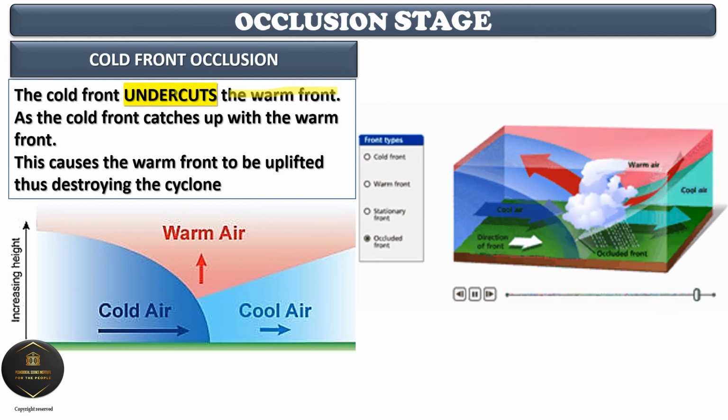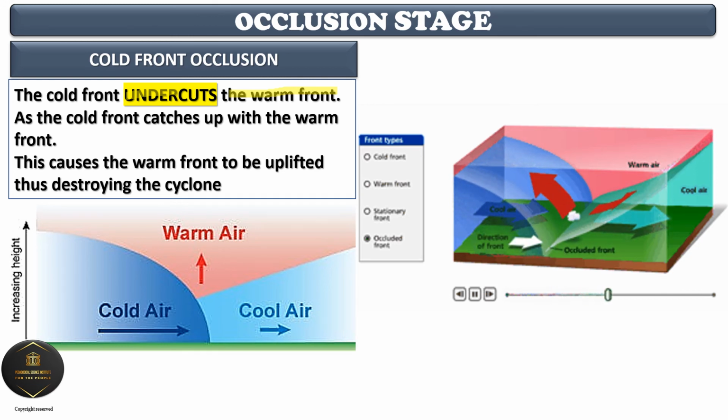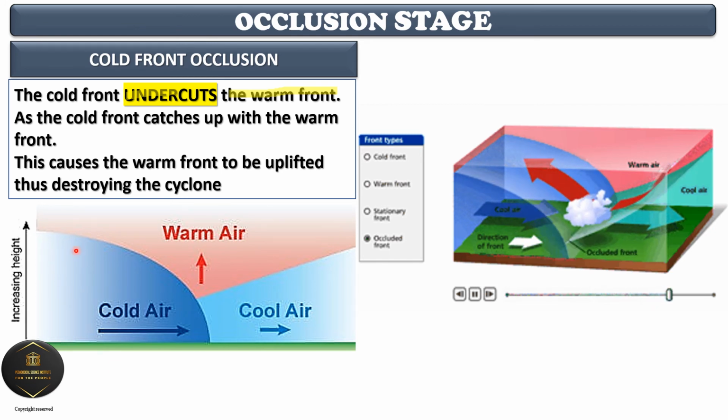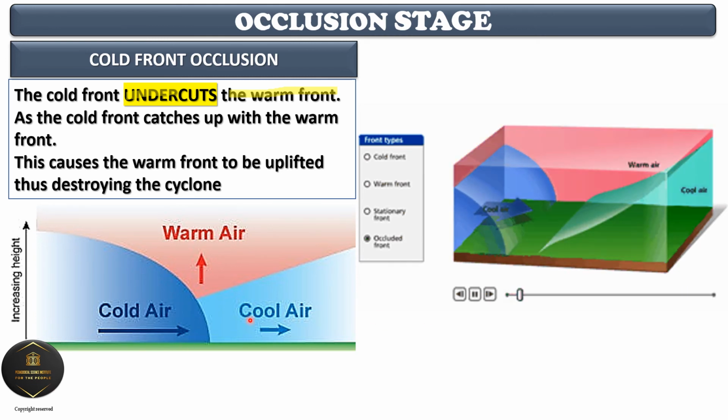And why do we use the word undercut? We use it simply because the cold front has cold air, and cold air always sinks. So the cold front will undercut the warm front and occupy the surface.